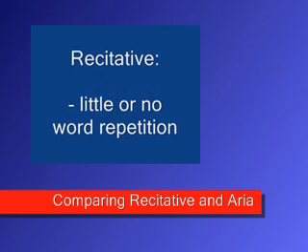Recitative, that simple speech-like kind of song that's used for narration, which is telling a story, or dialogue, which is having a conversation, has little or no text repetition in it. Think about it. It makes perfect sense, doesn't it? If you are going to tell a story, you don't repeat the words in it. If you are having a conversation, saying something once is usually enough.